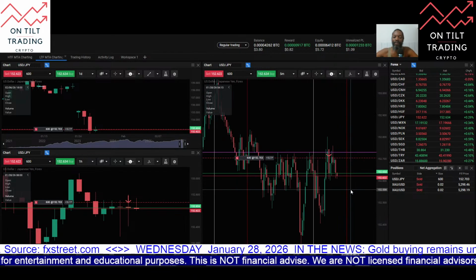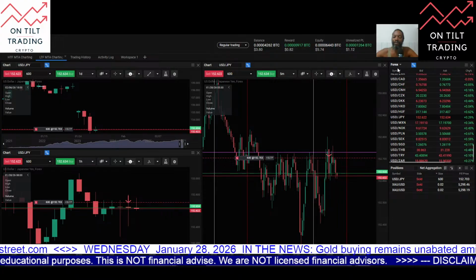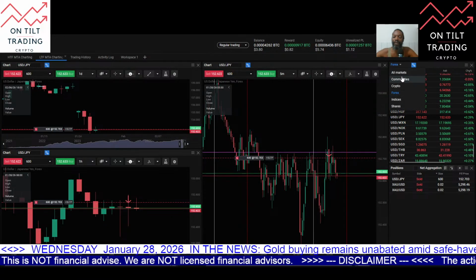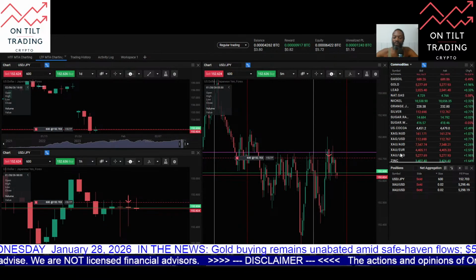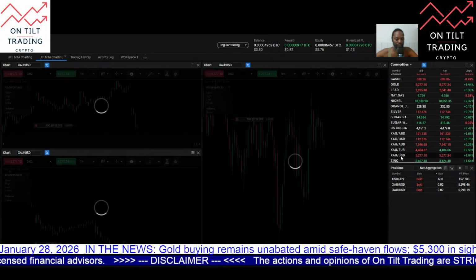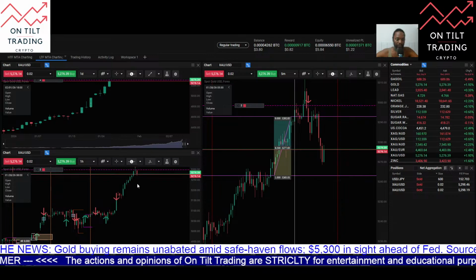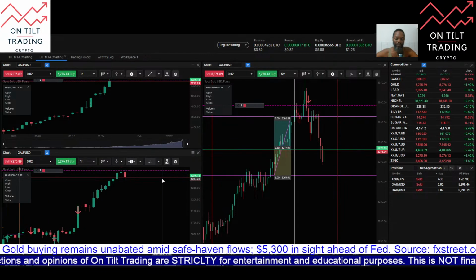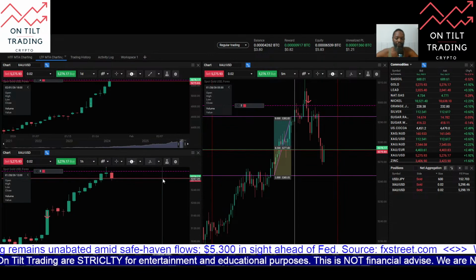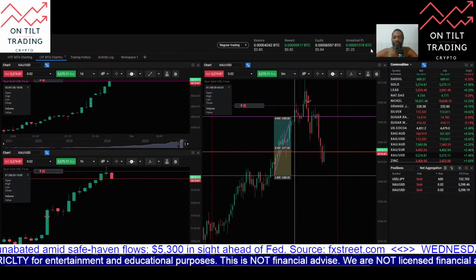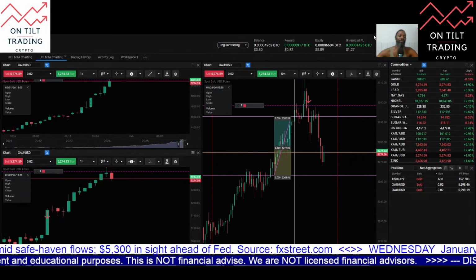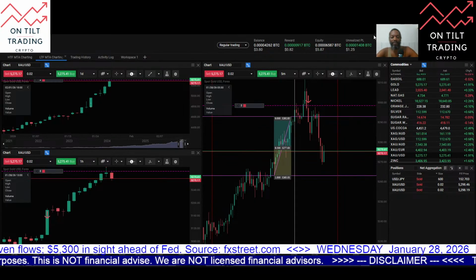USDJPY, and looks like it's likely some pullback on gold. So just holding for 100% profit.